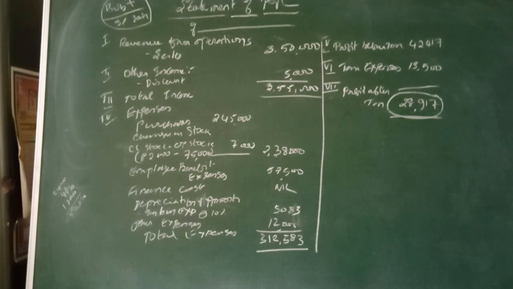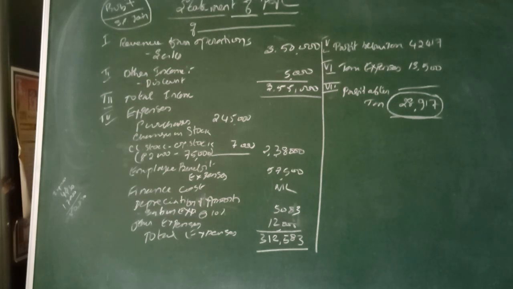The total fixed assets value is 50,830. On that 10% should be applied. That comes to 5083, which is shown in the P&L account.